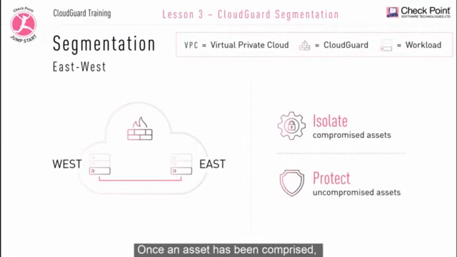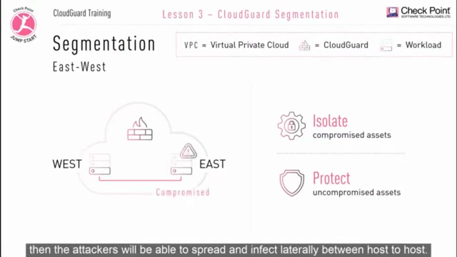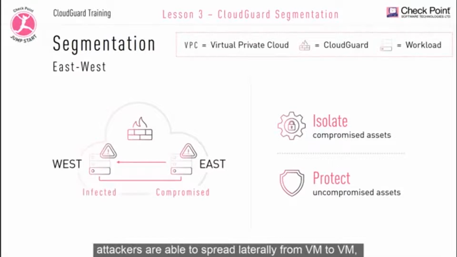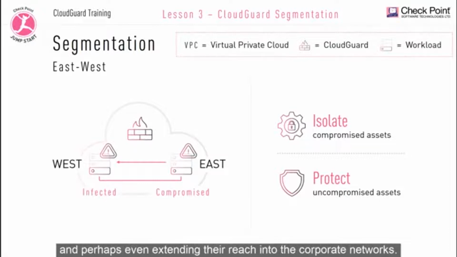Once an asset has been compromised, then the attackers will be able to spread and infect laterally between host to host. The same is true also in the cloud. Once an asset has been compromised in the cloud, attackers are able to spread laterally from virtual machine to virtual machine, or perhaps even extending their reach into the corporate networks.